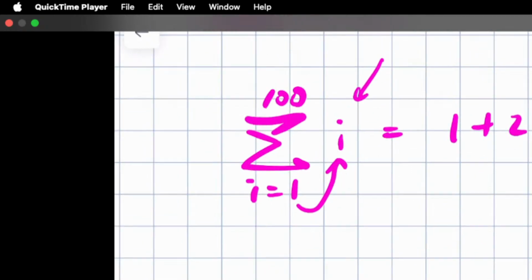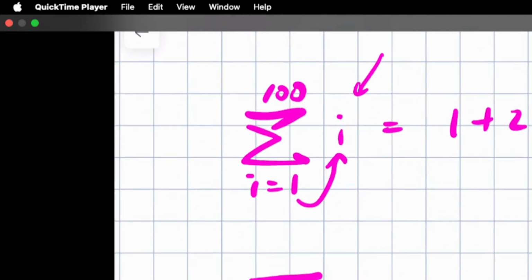So if today I say, hey, summation of i equal to 2 and ending at 5, and that just says i squared minus 3, what does that mean? This means you had to plug in 2. You start at 2: 2 squared minus 3, plus 3 squared minus 3, plus 4 squared minus 3, and plus 5 squared minus 3.